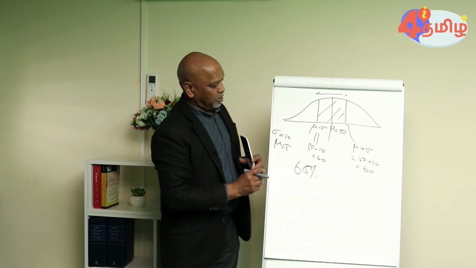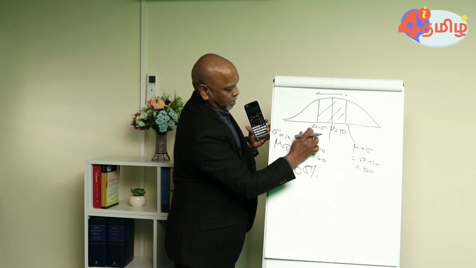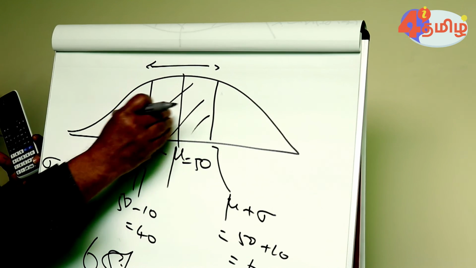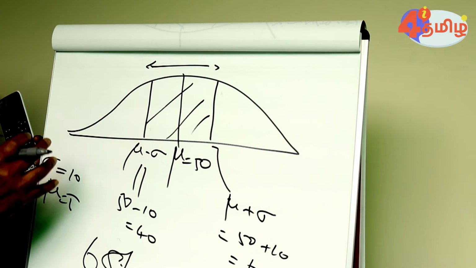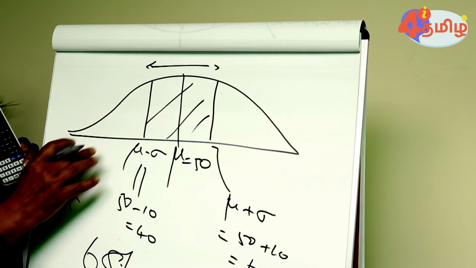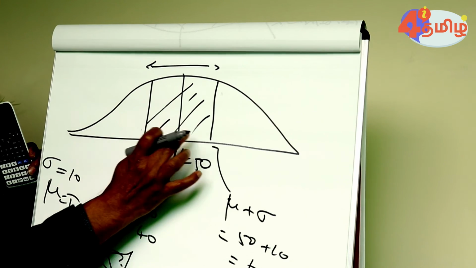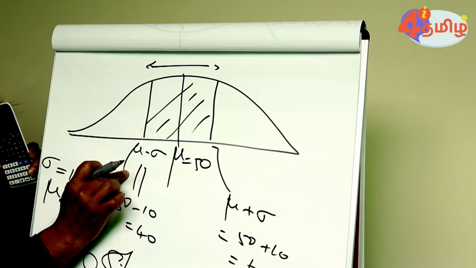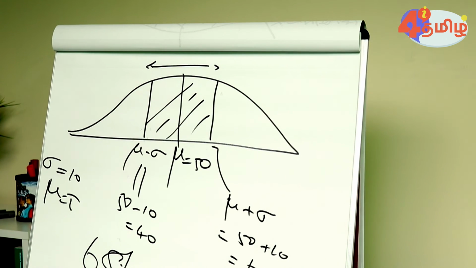So what I'm trying to say is, between one standard deviation, most of the collected data falls. If you know what standard deviation is, you understand more. But for this purpose, between minus standard deviation and plus standard deviation will be 68%.